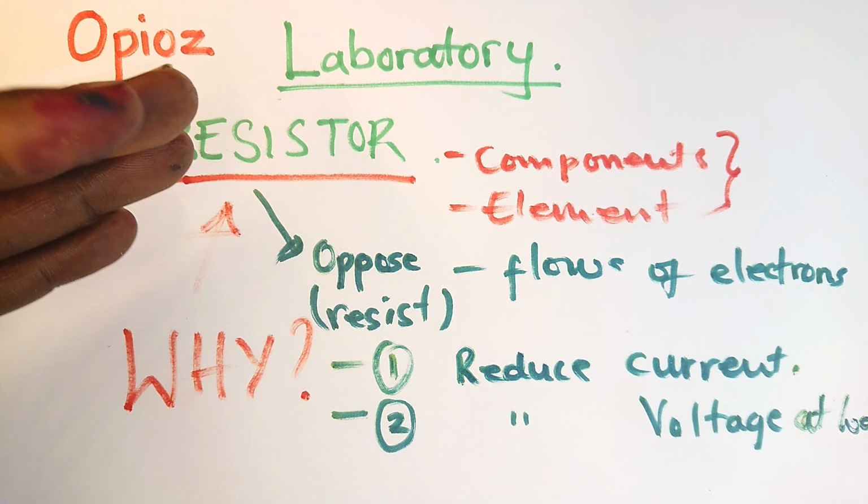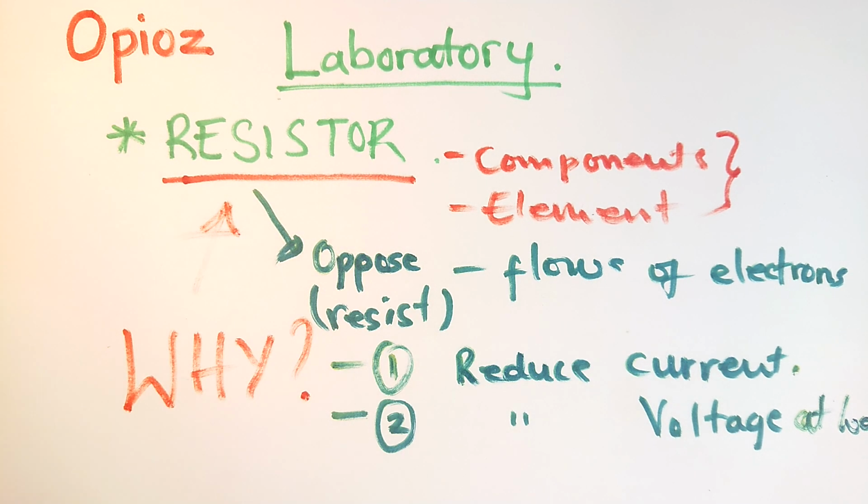But at first, resistors are just components that oppose the flow of electrons or that have high abilities to oppose the flow of electrons compared to conductors. So once a component has a higher ability to oppose current, it will be termed as a resistor.